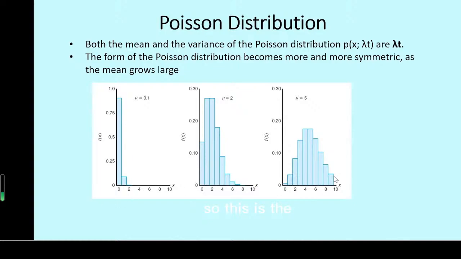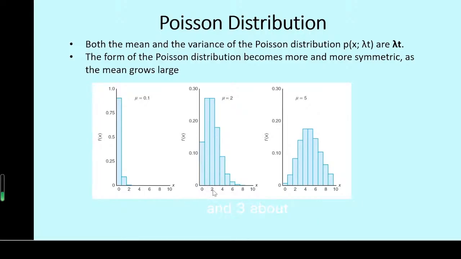So this is the probability distribution figure for the Poisson distribution with different means. Here mu is lambda t, equal to 0.1. Most occurrence of the Poisson random variable is at 0. And if mu equals 2, most occurrence is at 1 or 2, right?